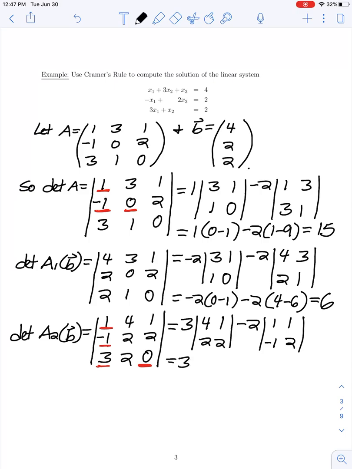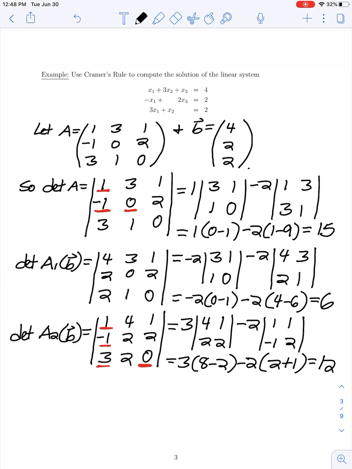So this leaves us with 3 times 8 minus 2, minus 2 times 2 minus a negative 1 would be plus 1. So we have 3 times 6 is 18, minus 2 times 3 is 6, which leaves us with 12. All right.